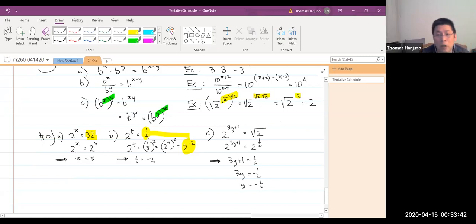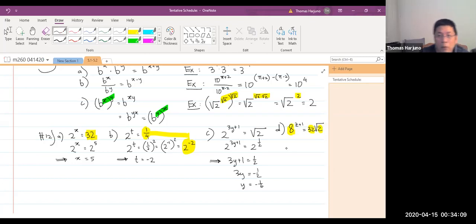Now, the harder one, part D: 8 to the power of z plus 1 equals 32 square root of 2. Now, you need to see that 8 as a base, and 32 and 2, all have common base 2.